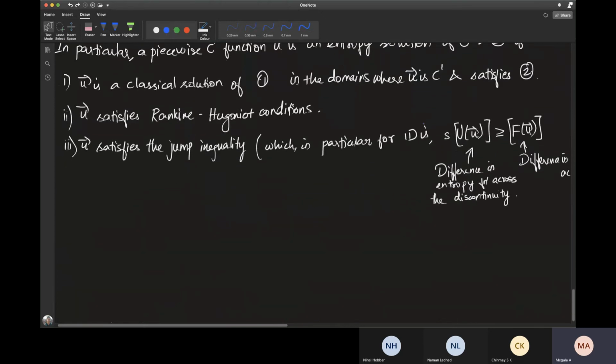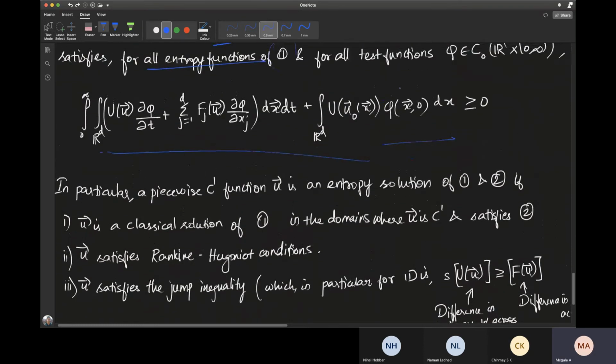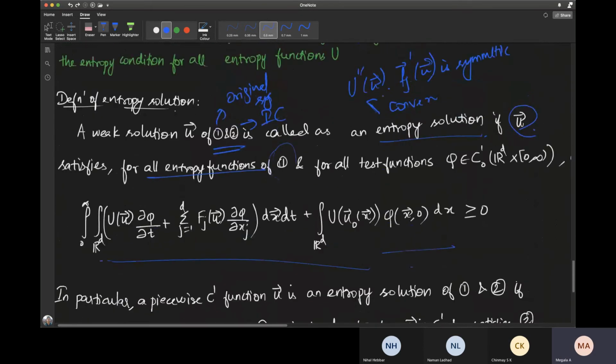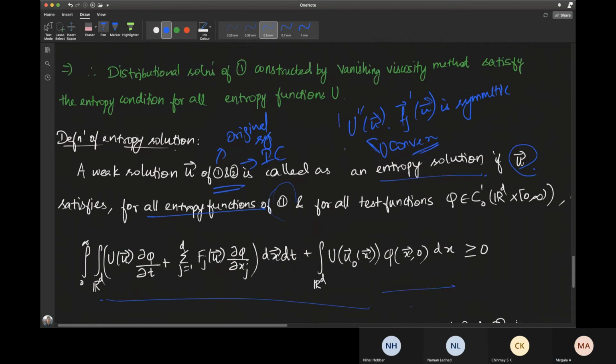Now in the derivation of vanishing viscosity, because of this convexity, we were able to get the inequality by arguing that W transpose dot U double prime dot W will be greater than or equal to 0. So convexity plays a role there. So we take all entropy functions to be convex, that is all U to be convex, and any function is known as an entropy function if this condition is satisfied.